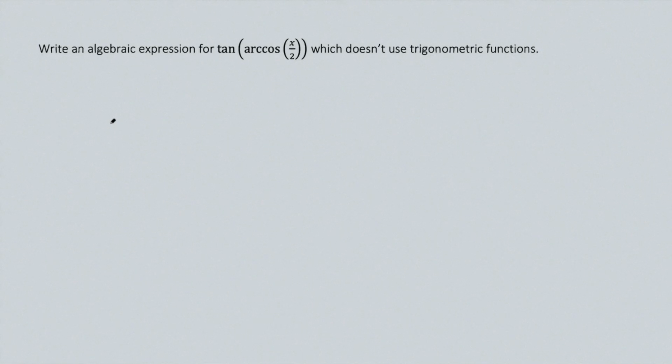We'd like to go ahead and just simplify this expression. We don't want trig functions, so we're going to do our processes from before. So this arccosine of x over 2, we think of that as an angle, and we can write this as cosine of that angle equals x over 2. All right, so we're going to draw a triangle where this is the case. Doesn't really matter how you draw it, but you've got your angle theta, and cosine of an angle is adjacent over hypotenuse.